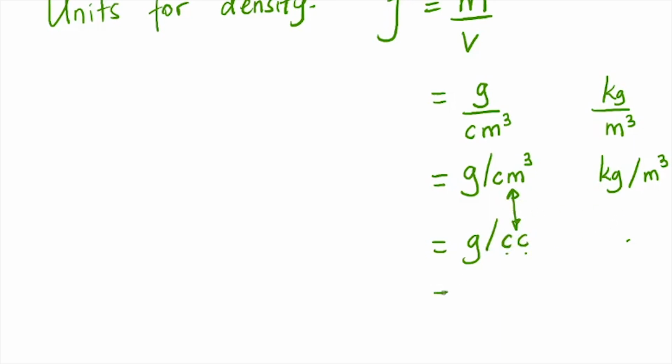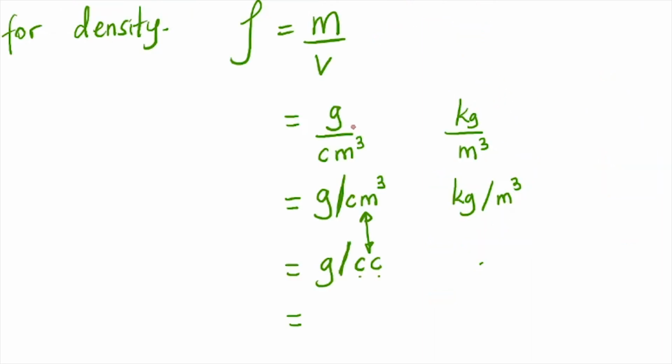Also, sometimes you'll find that these units are written with that slash avoided. Well, if you've done laws of indices, you realize that this expression is the same as saying grams times 1 over centimeters cubed.